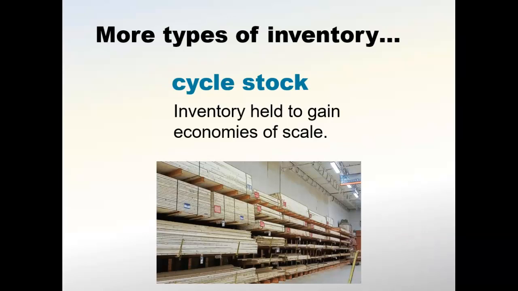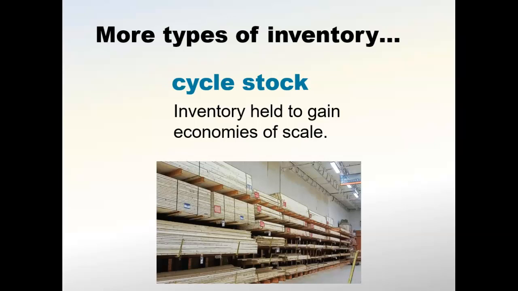Cycle stock is inventory held to gain economies of scale, or decreasing average unit cost by increasing volume. An organization may invest in inventory to save money through economies of scale. As one example, this savings might be the result of a price break offered by the organization's suppliers for larger orders.